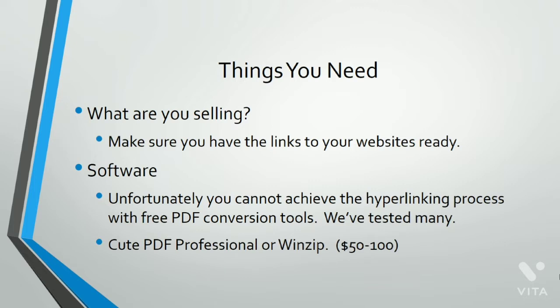One is called Cute PDF Professional, and I've been using that for well over a decade, and they've been around for a long time. Or you can also use WinZip. WinZip is great, but it's pretty basic, and it's a win-win situation because you can also zip files up. You can actually do a lot more than just zipping files, believe it or not.